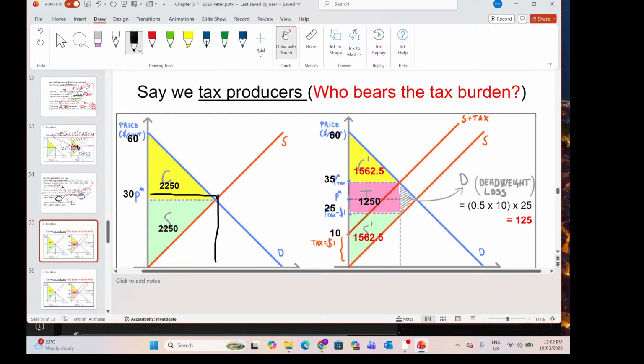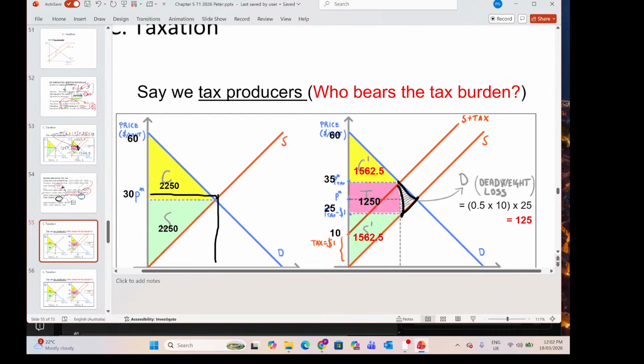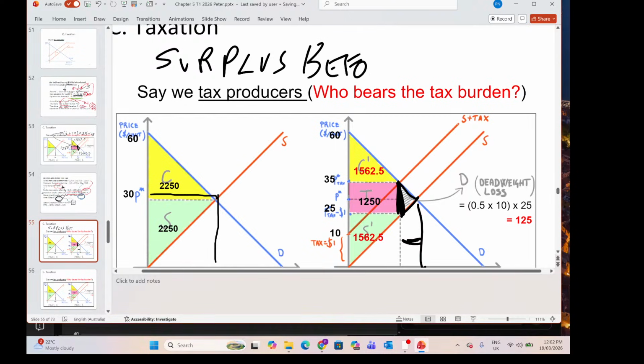One is we can just identify the area of the change in the output times the vertical distance between the two lines, or you could calculate the surplus before minus the surplus after, which is we have done both methods there.